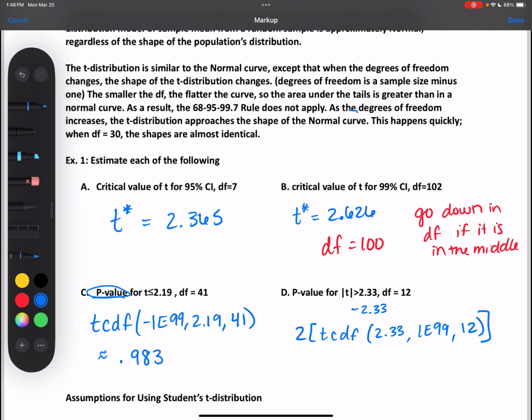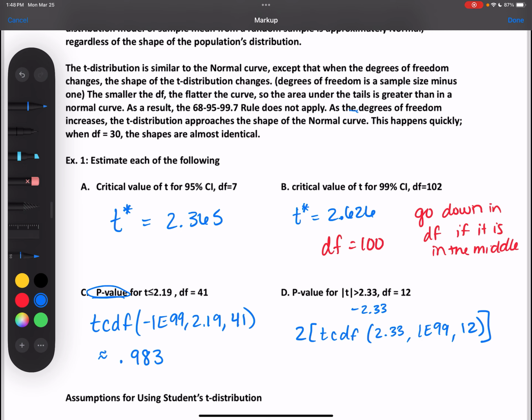Wait, why are you multiplying it by 2 again? Because there's two spots where it would be greater than 2.33 since it's absolute value. Okay. Because in one sense, technically one of them is less than, because the negative one, because when you have an absolute value and an inequality, you flip the sign and you flip the inequality and change the sign.